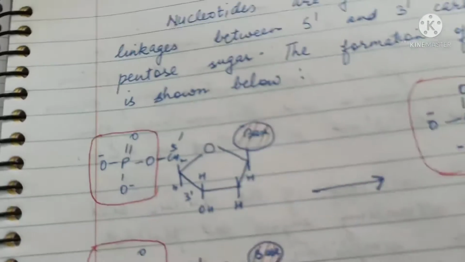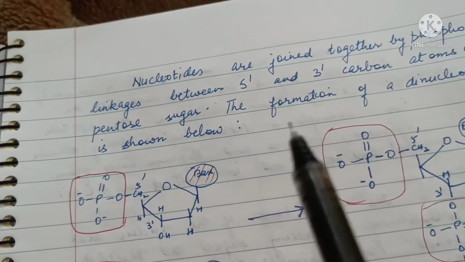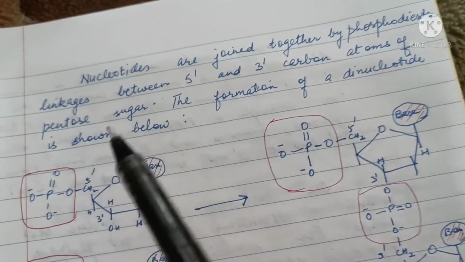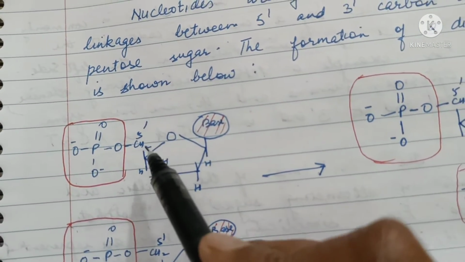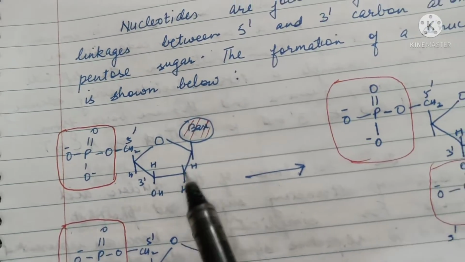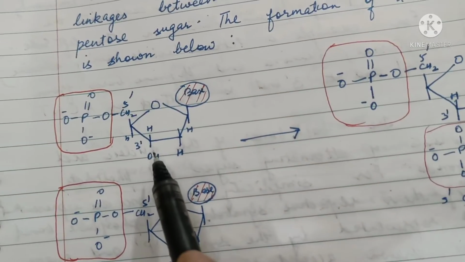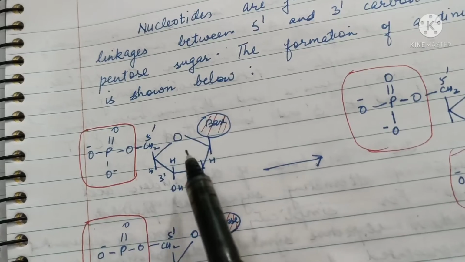Nucleotides are joined together by phosphodiester bonds. There are phosphodiester linkages between the 5 prime of one sugar molecule and the 3 prime of another sugar molecule. So this is one nucleotide: base, sugar, phosphate.